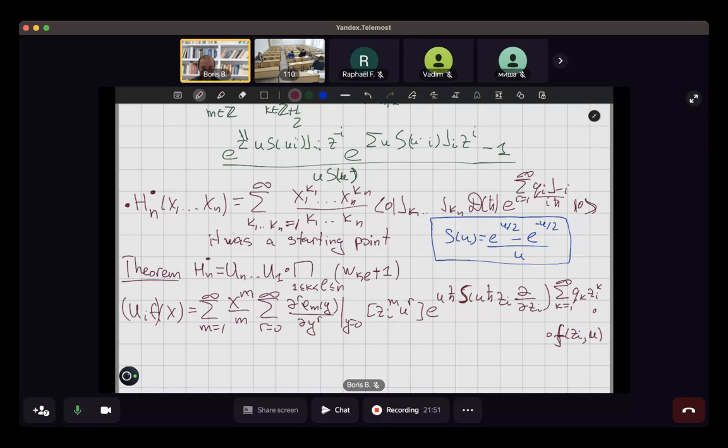Maybe we should ask someone from the audience to write down the formula for phi 1 and phi 2. I can write it, but I'm not sure it will help us very much. Maybe I can explain what this phi m is. It appears formally.